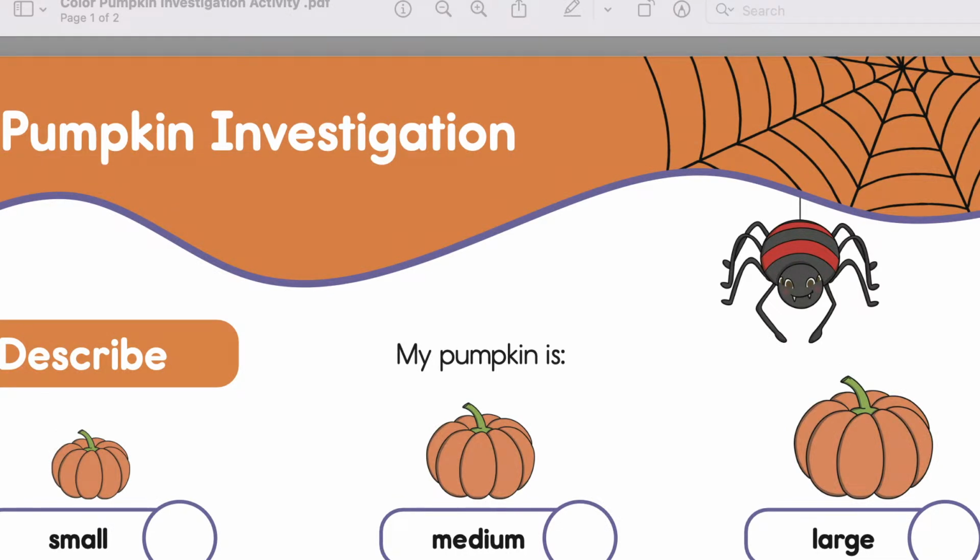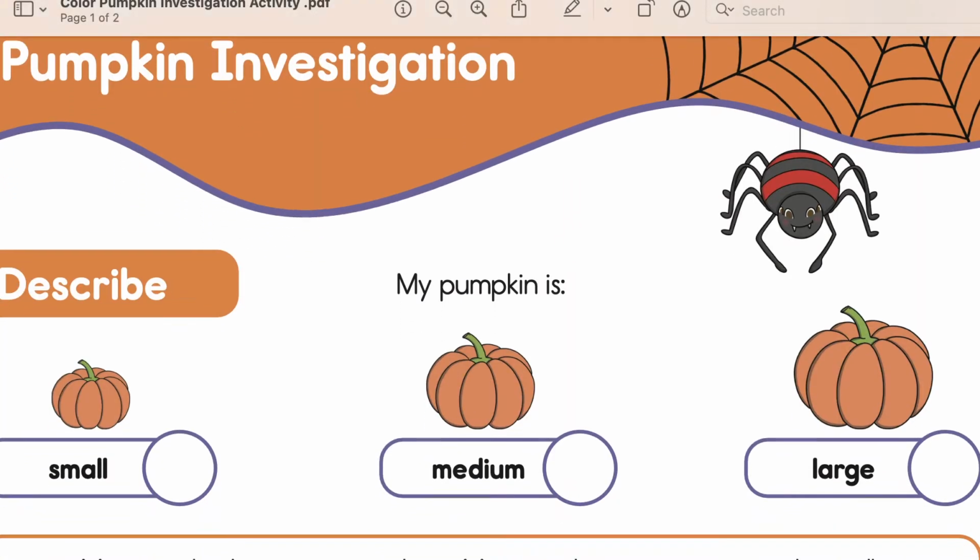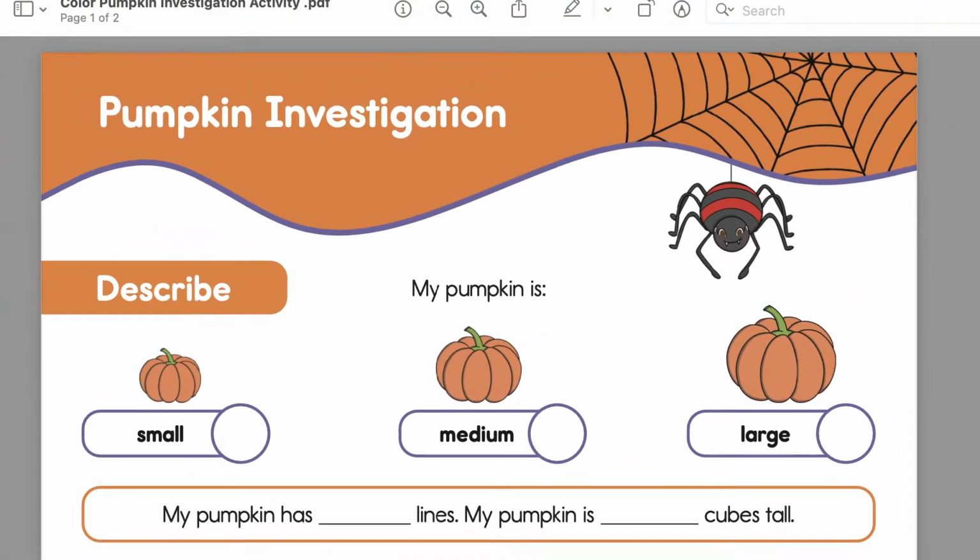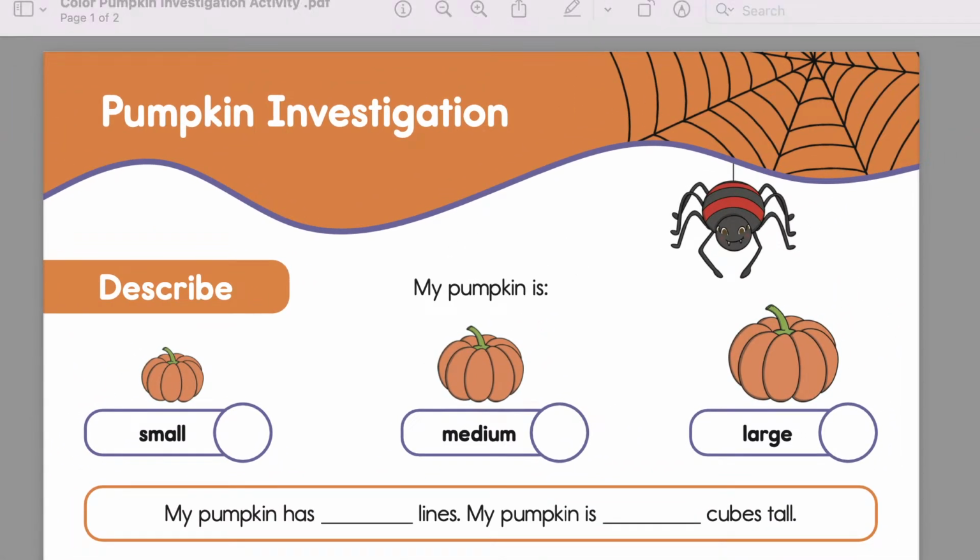Before we start going into our review, this is something I found on Twinkl. It was a freebie, and I thought it was kind of cute for a freebie. Let's make this just a little bit smaller for you. There we go. Okay, and you can see it's a pumpkin investigation.